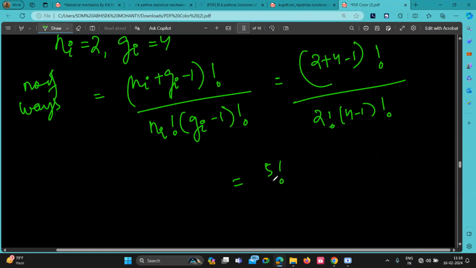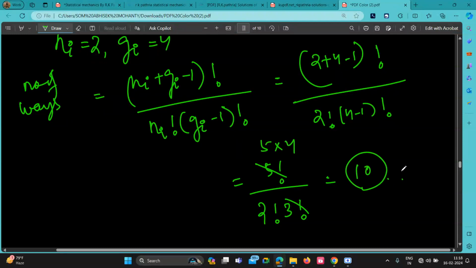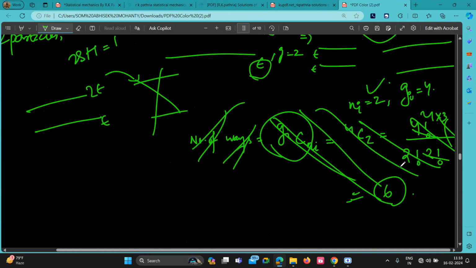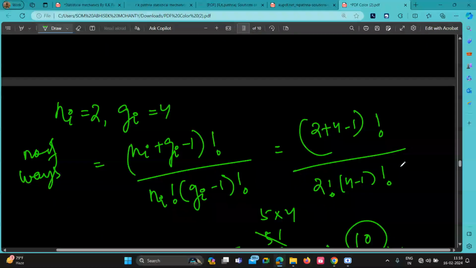That is 5 factorial divided by 2 factorial into 3 factorial. This is 10. It's 10 ways we can arrange them. Alright. So we are asked the partition function. We have to arrange them.